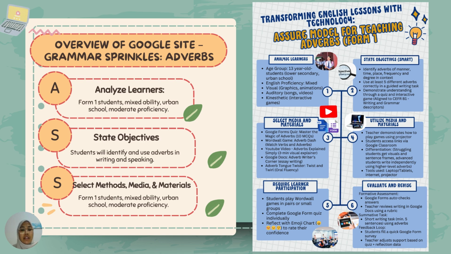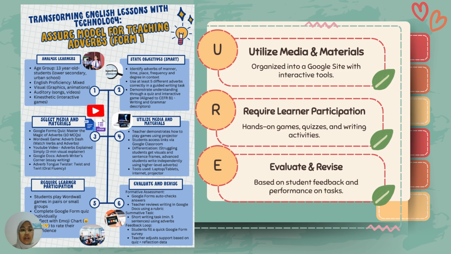We encouraged active participation with hands-on activities, so we have word war games and Google Docs. We also have quizzes. And lastly, we evaluated and revised the lesson based on feedback and also students' performance.